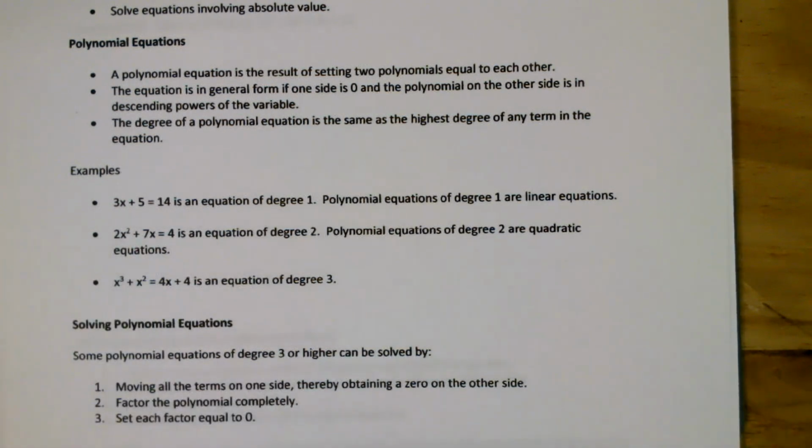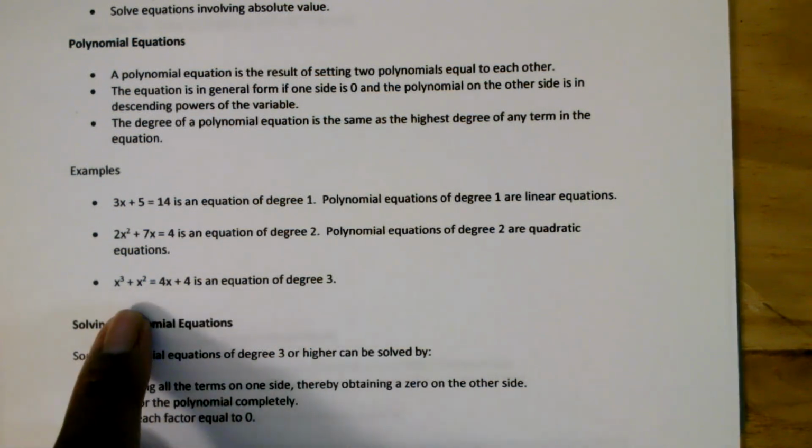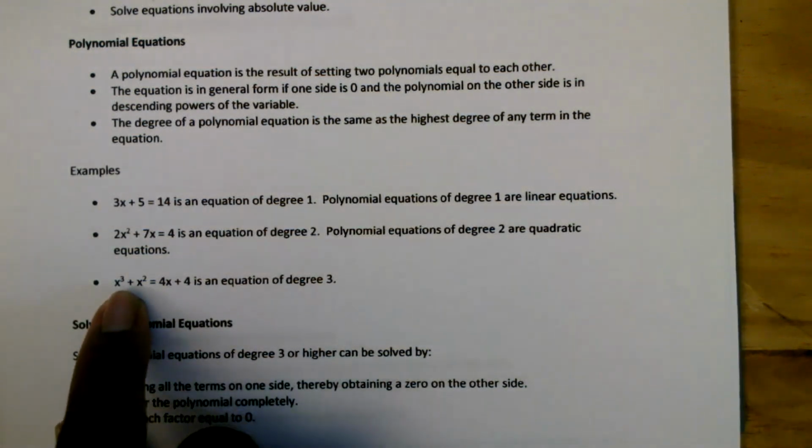And we call those quadratic equations because that polynomial equation is of degree 2. Now this next equation does not have a special name for it, but here's x cubed plus x squared equals 4x plus 4. That's an equation of degree 3, because here the highest exponent there is a 3.